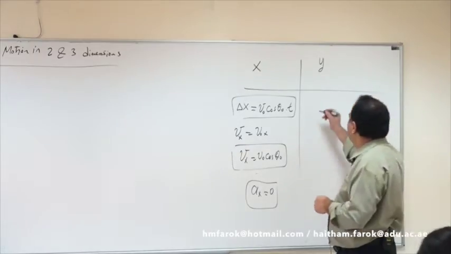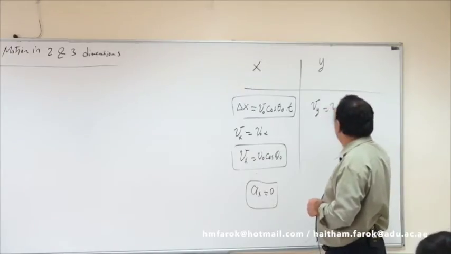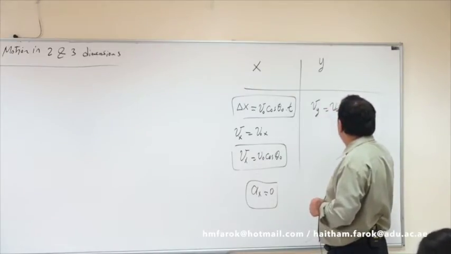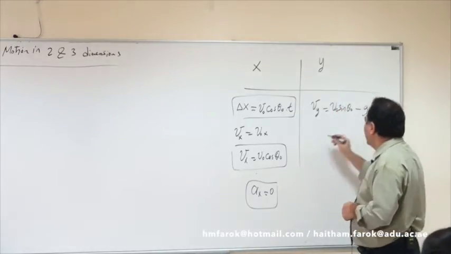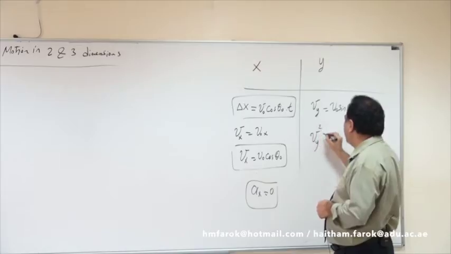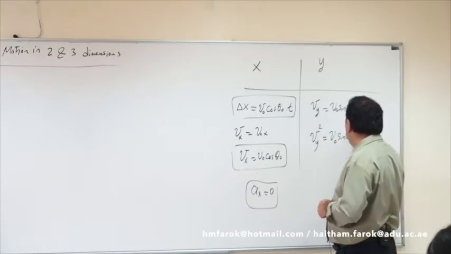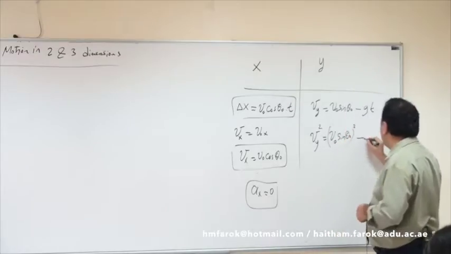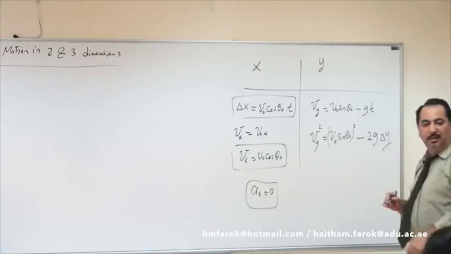Vertically, you have 3 equations of motion, which are equations of free fall, because it's under gravity. The first one: final velocity in Y equals initial velocity in Y, which is V naught sine theta naught, minus gt. Second, final velocity in Y squared equals initial velocity in Y squared, minus 2g displacement vertical.